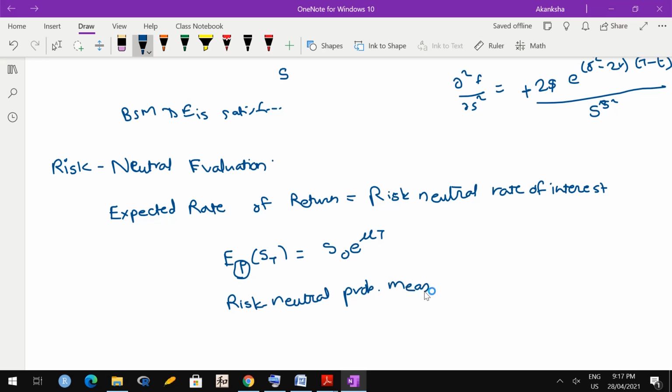So under the risk neutral probability measure, the expected value of ST would become S naught e raised to R capital T. So how does this come into the picture when we are trying to derive the price of any derivative?